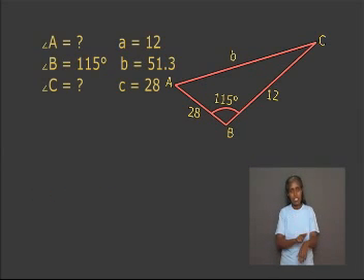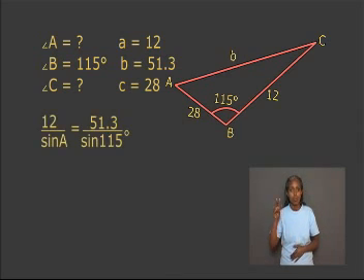Now that we have the length of all three sides and the measure of one of the interior angles, we can use the law of sines. We will solve for angle A by using our values for b. 12 over the sine of A is equal to 51.3 over the sine of 115.